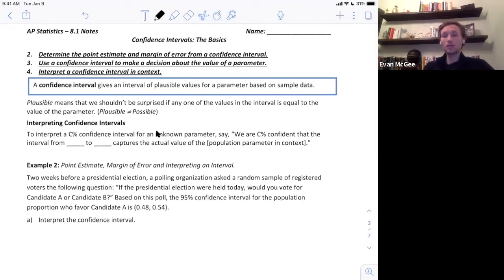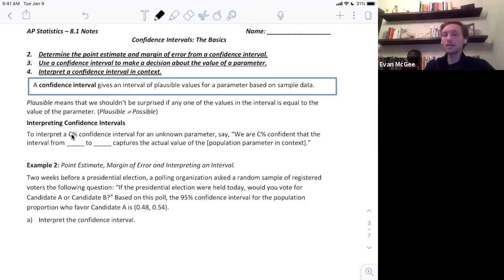To interpret a confidence interval, C represents the level of confidence, because our level of confidence can change. We could be 90% confident, 95% confident, 99% confident. So this will change based on the level of confidence that you want. But let's just say for this case, a 90% confidence interval.